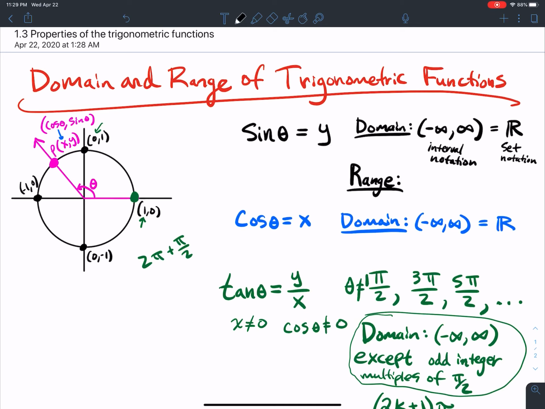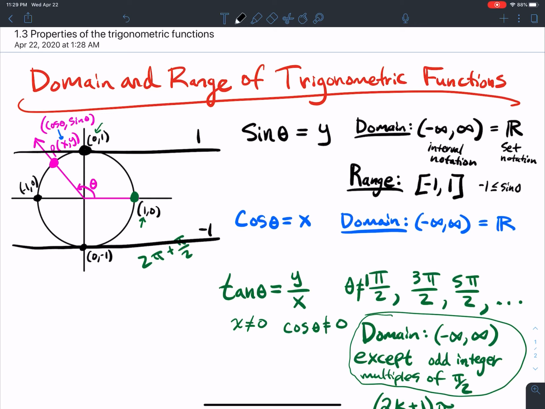So what's the biggest the y value gets? It looks like the biggest the y value gets is 1. What's the smallest the y value gets? Looks like -1. So the range runs between -1 and +1, and you could write sine of theta is between -1 and 1 too. That'll work as well, right?